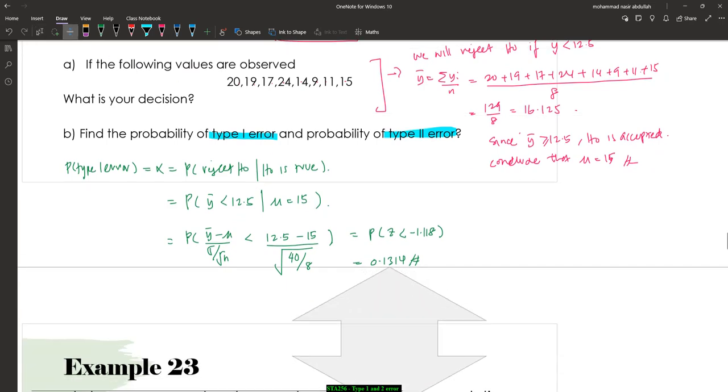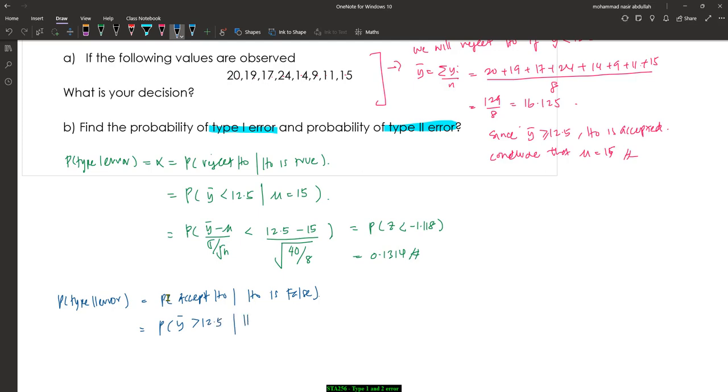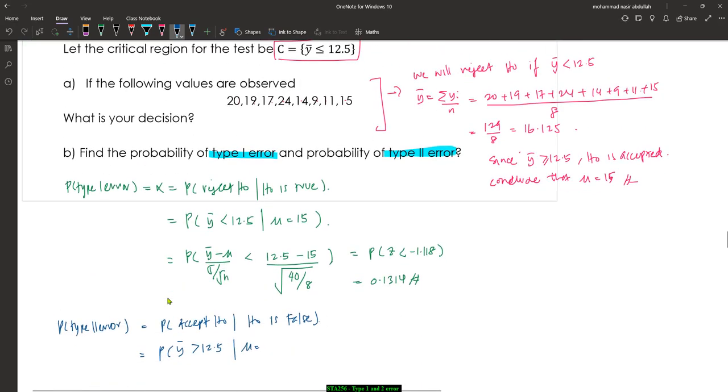For the next question, it says find the probability of type 2 error. Probability of type 2 error is the probability of not rejecting, we accept the null hypothesis when the null hypothesis is false. So accepting the null hypothesis is the probability of y bar more than 12.5, when the null hypothesis is false, which is mu equal to 9.